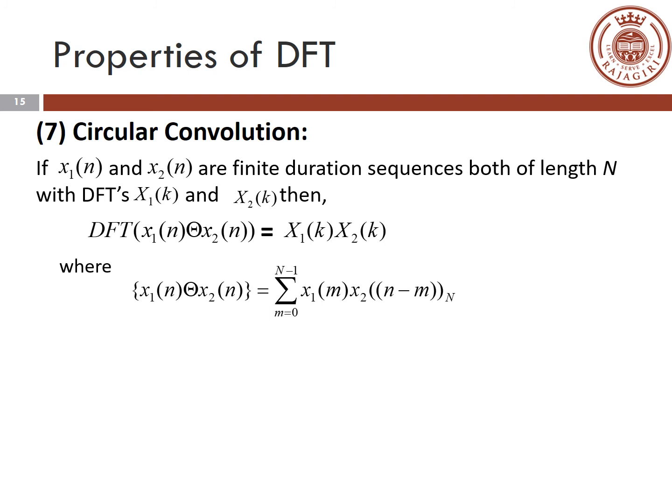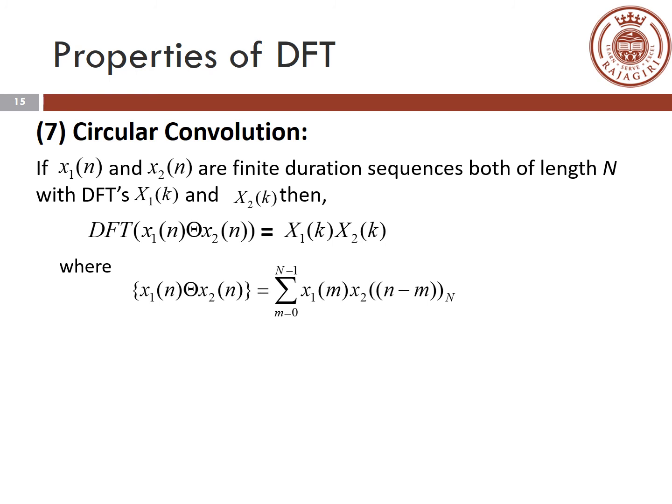There the shift varied from minus infinity to infinity, but in our circular convolution we restrict the shift to within the circle, so within the particular number of samples. So you get the sum over m equal to 0 to N minus 1 of x1 of m, and there it was a linear shift x2 of n minus k. Here it is going to be a circular shift, x2 of n minus m, and since it's circular, it's denoted like this.